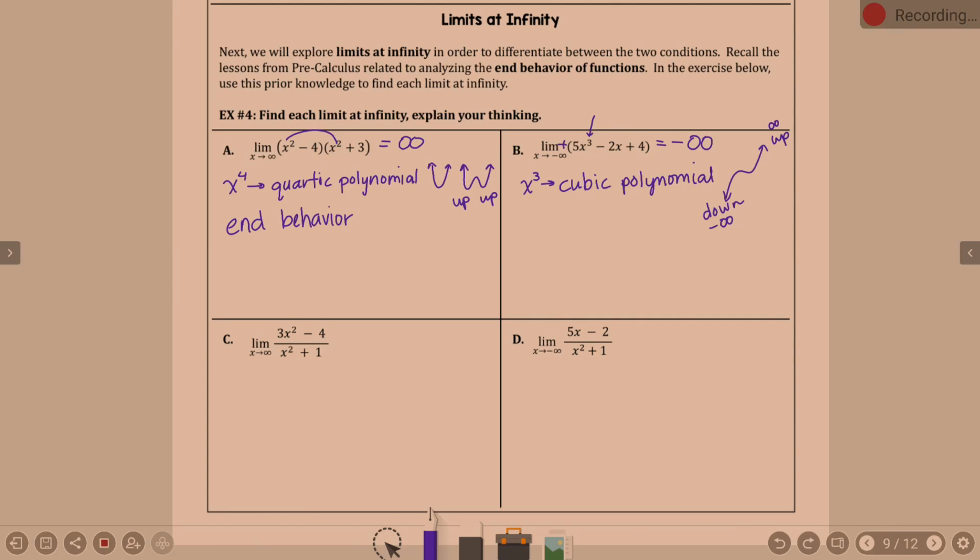Well, wouldn't the highest power be the first? Well, this one's a fraction, so it's more like, think about your horizontal asymptote rules. When the powers are the same versus when the power is bigger on top or bigger on bottom.